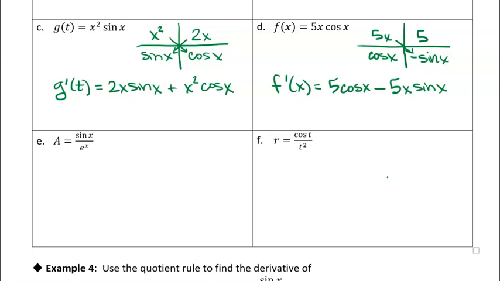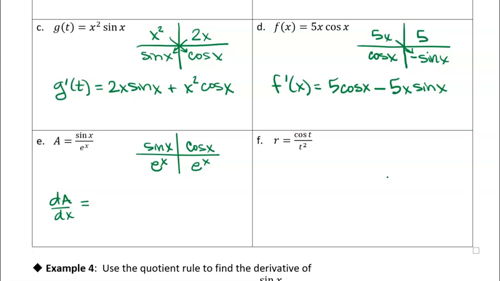The next one is a quotient. So again, we could draw our little box. We have sine of x, and we have e to the x. The derivative of sine is cosine of x, and the derivative of e to the x is e to the x. So now we can use dA dx, and we use the quotient rule, right?